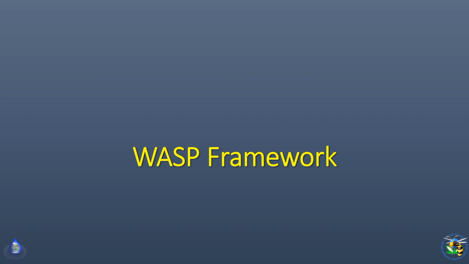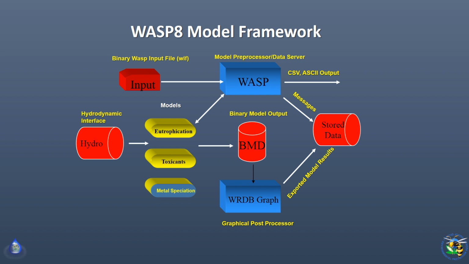I'd like to provide you a little background on the WASP framework and how the different components interact. WASP is not like most of the other models in that it is an integrated package, which allows us more flexibility to have different model types. When we look at this, the thing that you run called WASP is actually the user interface, and it reads a binary input file that can only be read by the interface.